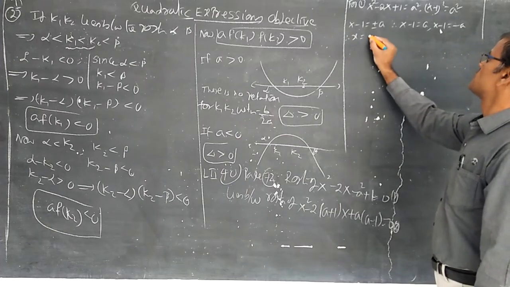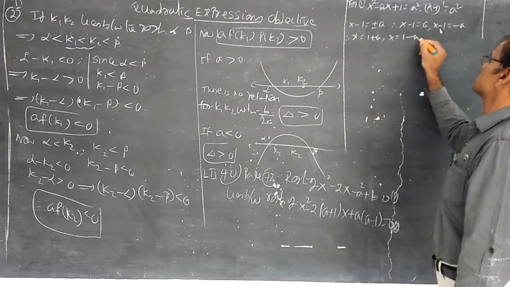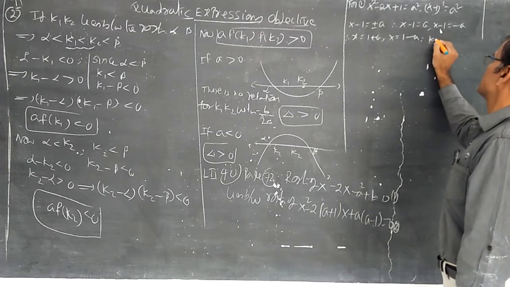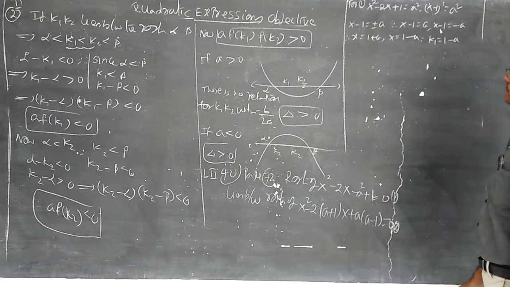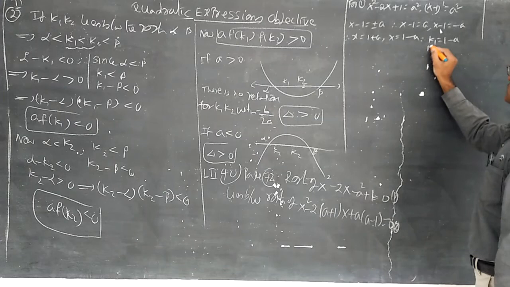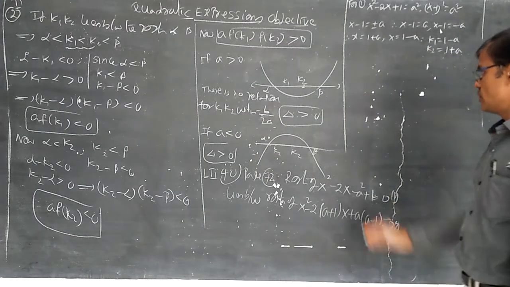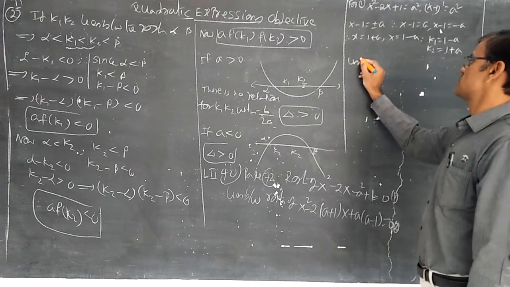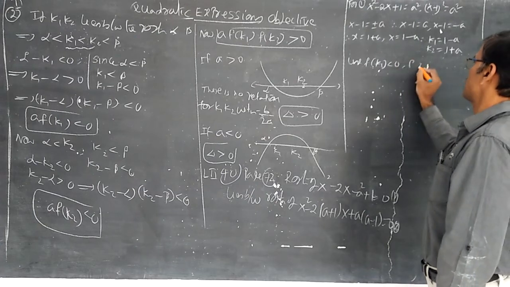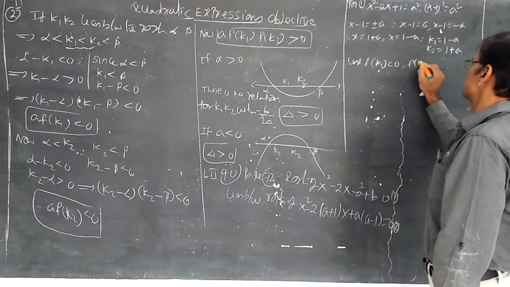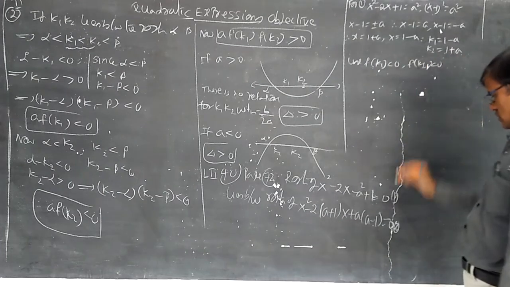Therefore x is equal to 1 plus a, x is equal to 1 minus a. You can understand here K1 is equal to 1 minus a, and K2 is equal to 1 plus a. Now use the concept: f of K1 less than 0, f of K2 less than 0. Of course, the coefficient of x square means here only 1 for all numbers.